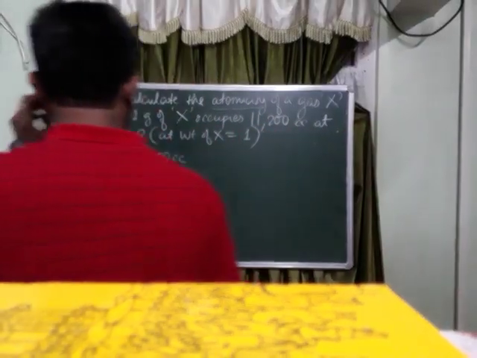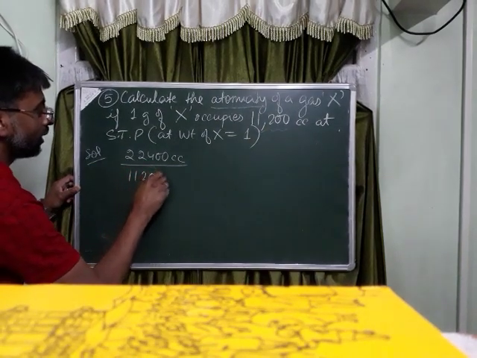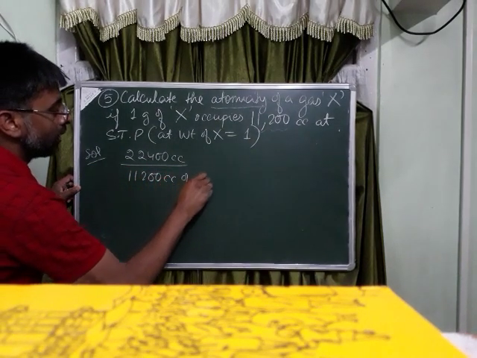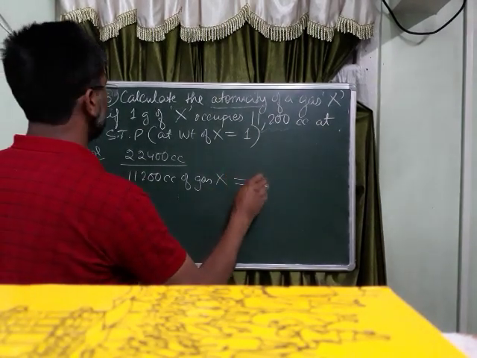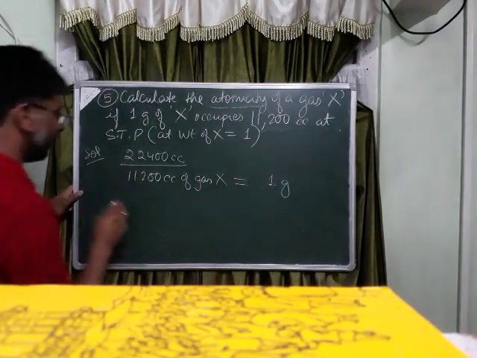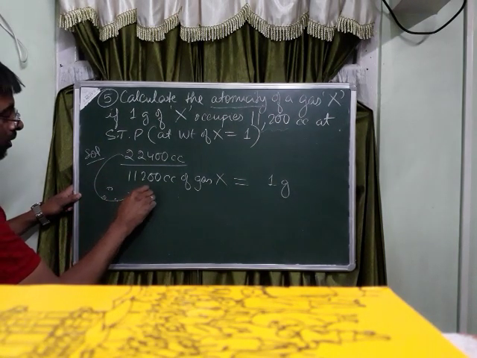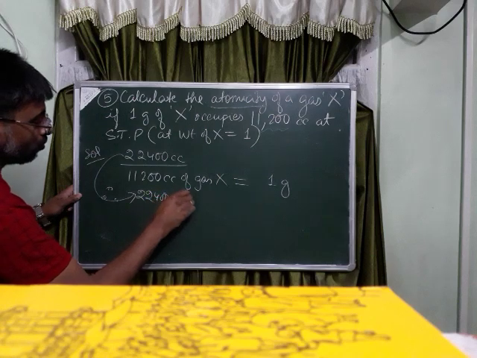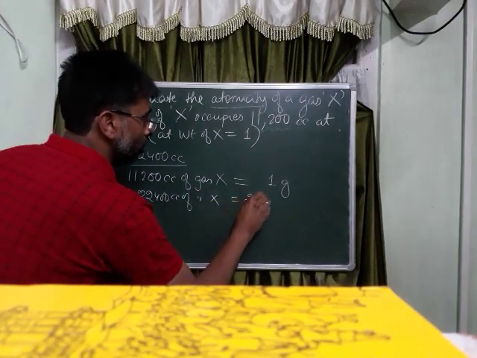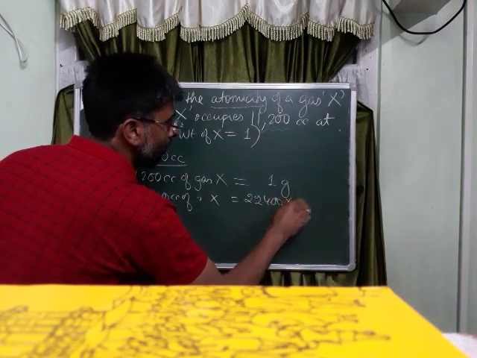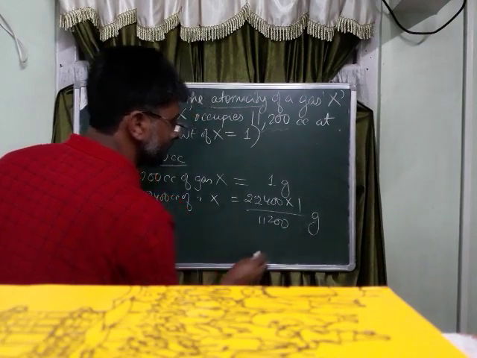So let us do it now. Let us start from here. 11,200 centimeter cube of gas X, this much volume of gas X, is weighing 1 gram. Therefore, 22,400 centimeter cube of gas X will weigh 22,400 multiplied by 1 divided by 11,200 so many grams.